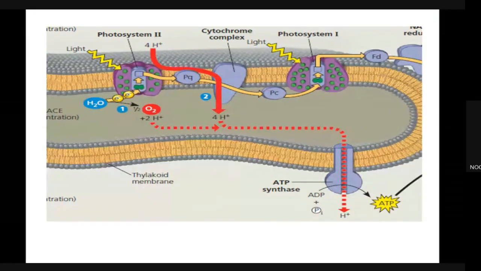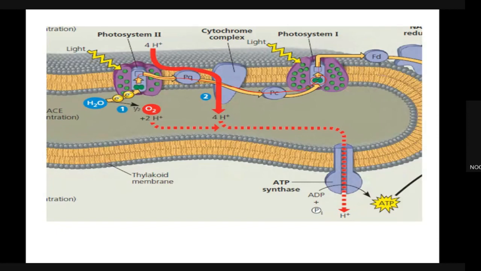So this is a diagram showing what happens in the thylakoid membrane. This is the membrane. The pigments are embedded. The photosystems are embedded in the thylakoid membrane. The electron is passed from PS2 through an ETC and arrives at the PS1, replacing the loss of electron in PS1.